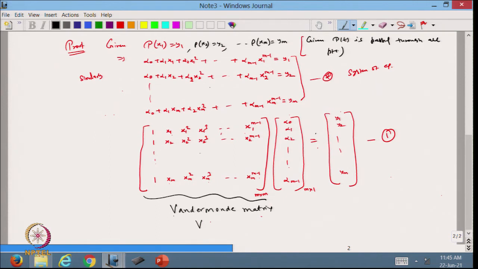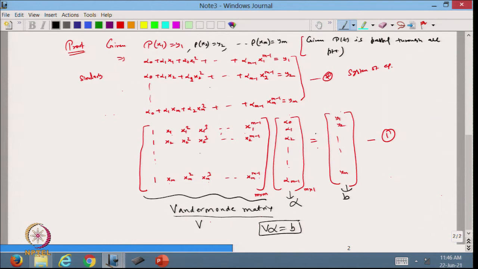So, it is called the Vandermonde matrix, and suppose this alpha I just write as some capital alpha, and this I can write as B. So, I get the system V alpha is equal to B. That is the system we are going to have.